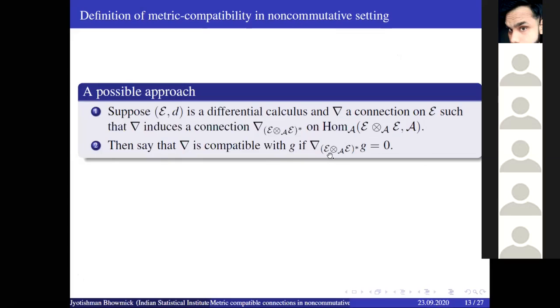Then it makes sense to define to say that nabla is compatible with G if this is satisfied. Okay, so this definition coincides with the classical definition, where E is one forms over a manifold M.